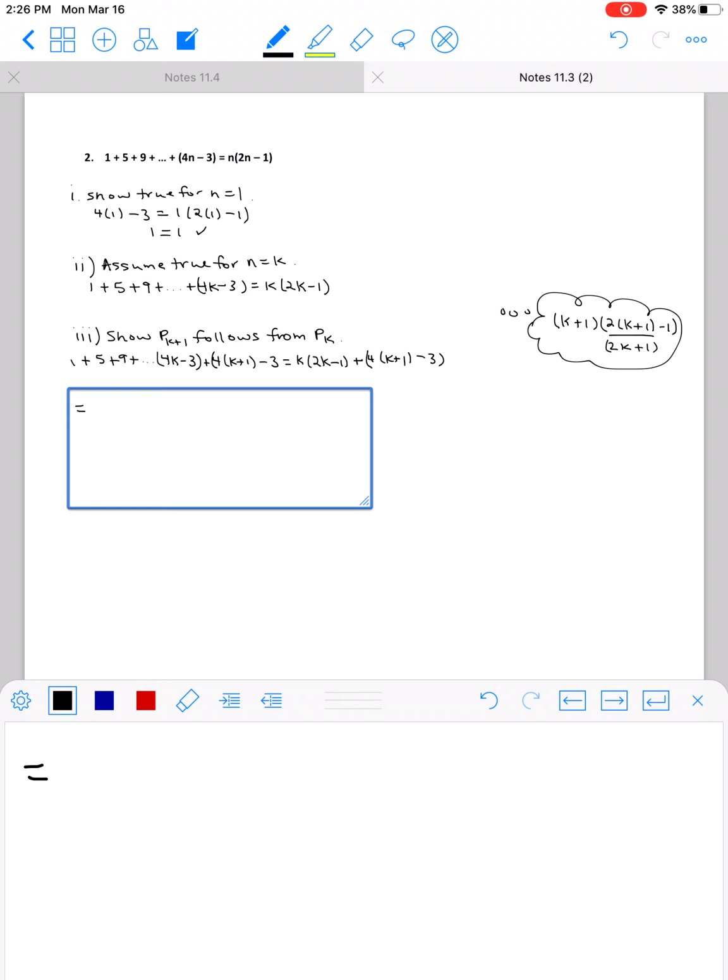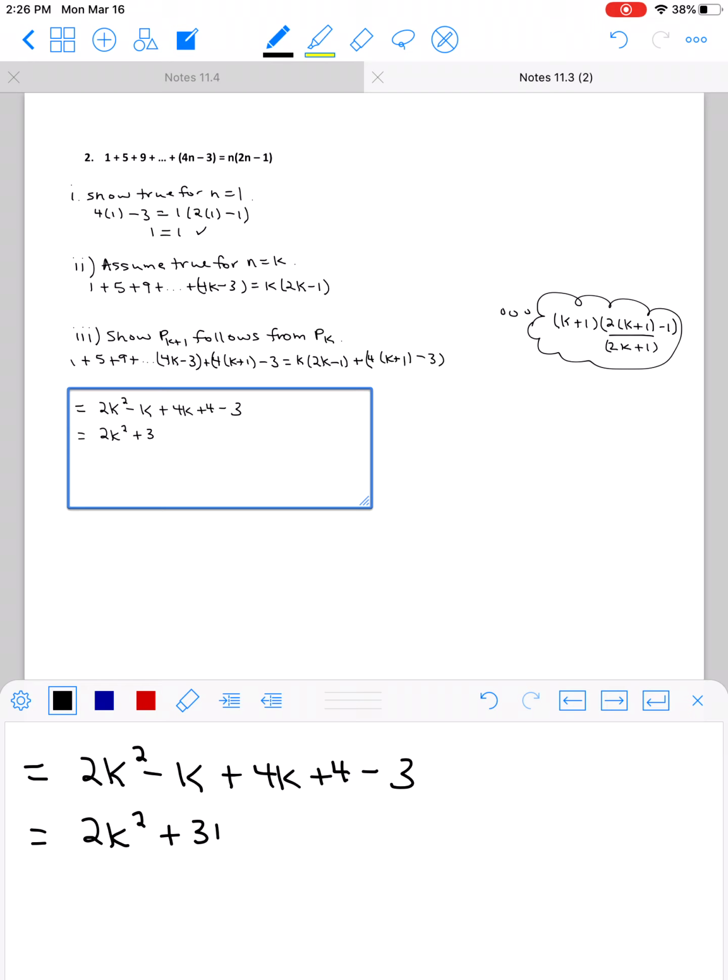Okay, so now let's distribute. So 2 on the right side only, 2k squared minus k plus 4k plus 4 minus 3, cleaning it up, 2k squared plus 3k plus 1. If I factor it, I get 2k plus 1 and k plus 1.